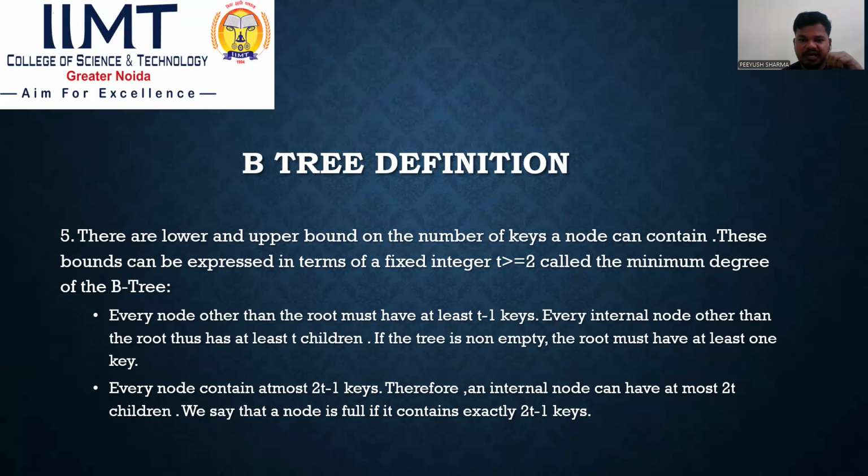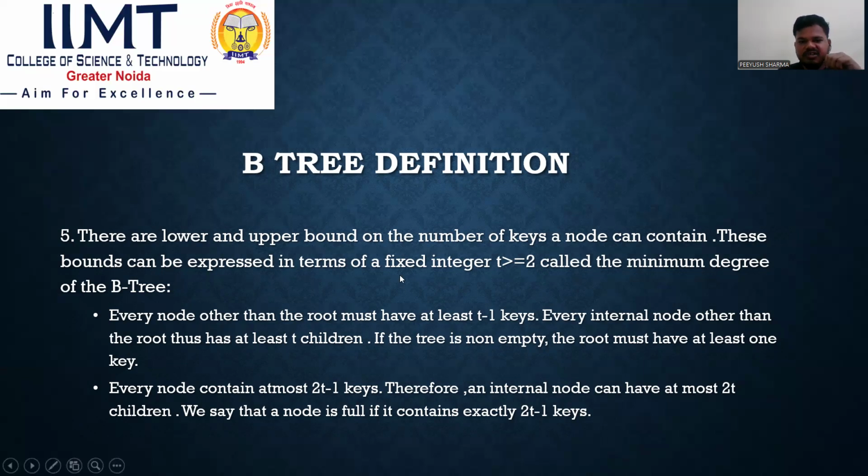That means a node can hold a minimum number of keys and a maximum number of keys. So these are bounds, right? And what are those boundaries? Further we will see what the upper bound and the lower bound are.